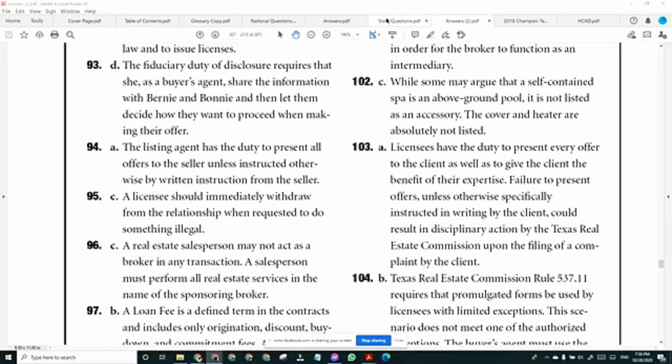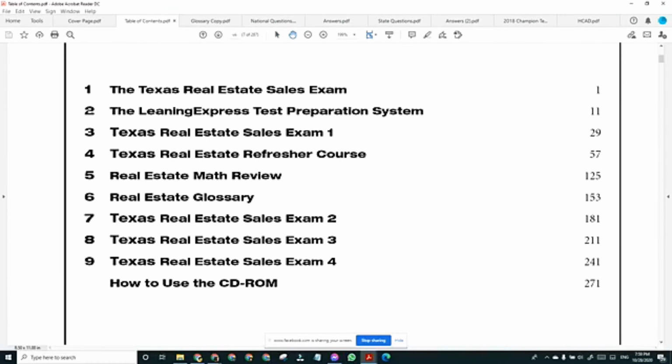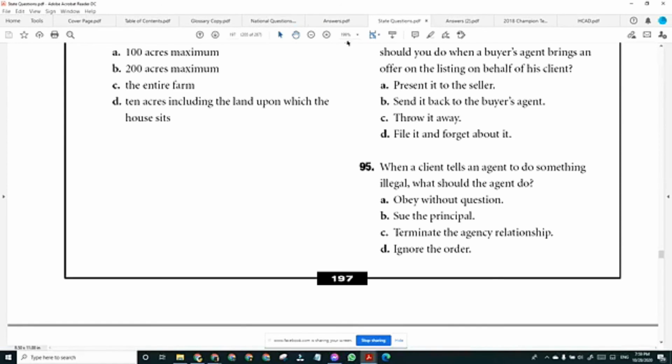Next time, we're starting with exam 3. I had it written down right. I don't know why I doubted myself. So exam 3 next time on page 211 is where we will start, and we will start with question 81.